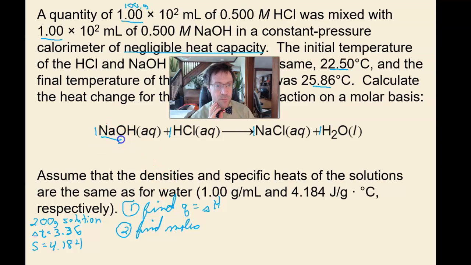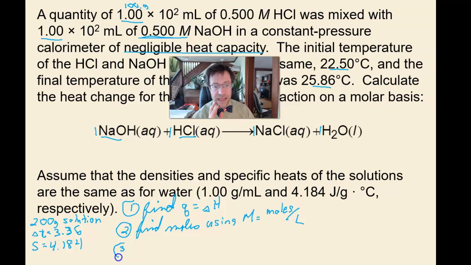It can be moles of sodium hydroxide or moles of hydrochloric acid. It doesn't really matter because it's all a 1-to-1-to-1 ratio. I'm going to do that using the equation molarity equals moles per liter. I have that for both of them. They're both 0.5. Here's their liters, 100 mils, 0.1 liters. It's going to be easy.